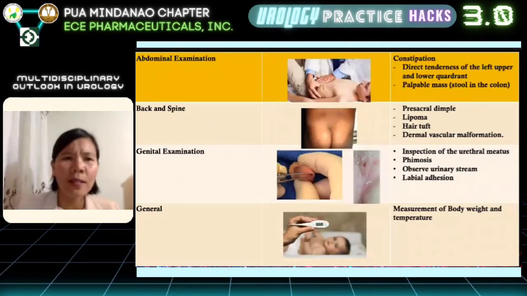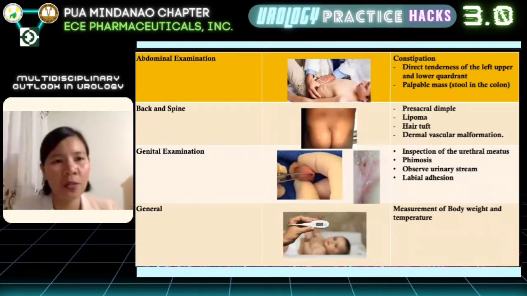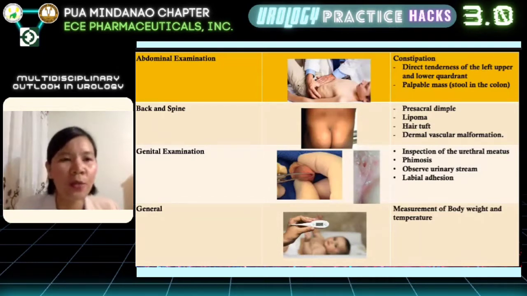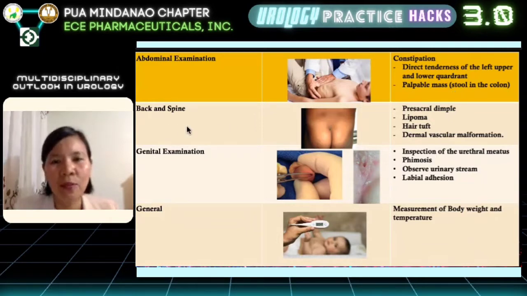Of course, physical examination is very important to do in the pediatric population. And this includes examination of the abdominal area, where you have to palpate whether there is tenderness or a palpable mass. For the back and the spine, you look for external lesions such as dimpling, lipoma, hair tuft, or vascular malformation.